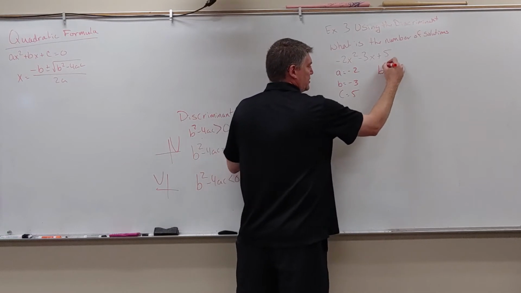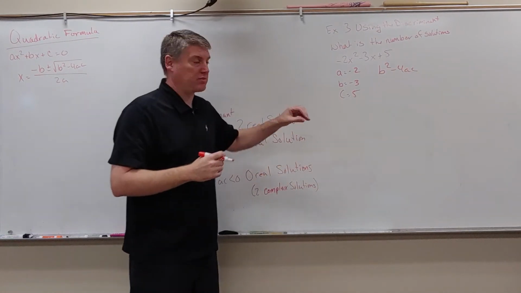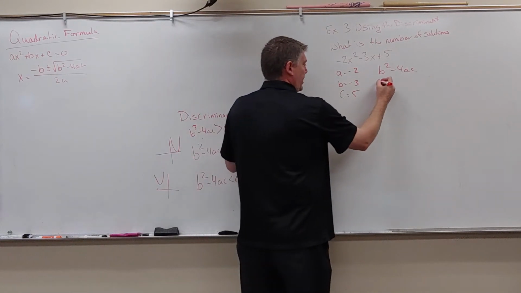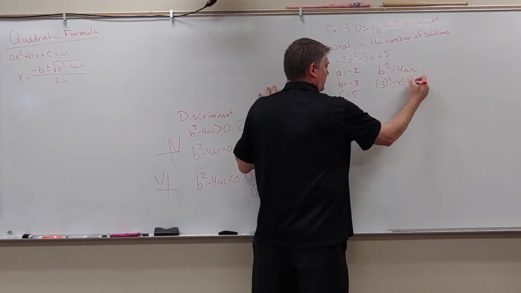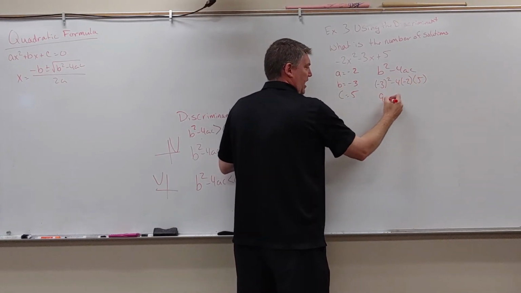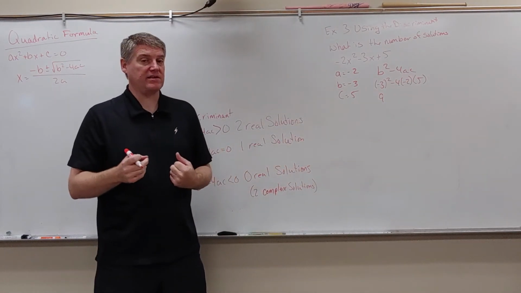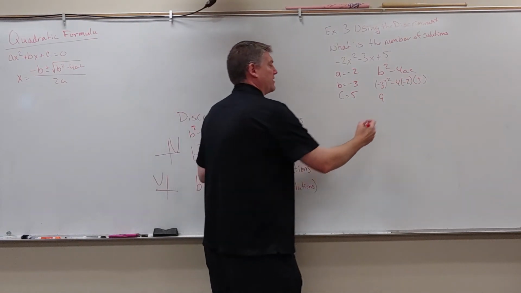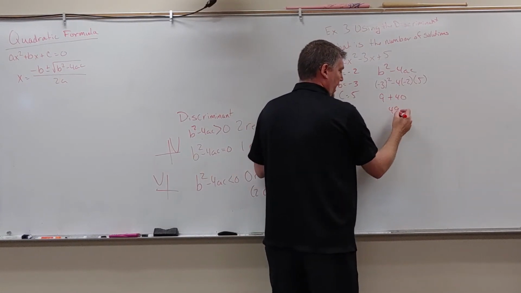Now I'm going to go b squared minus 4ac, okay? So I'm going to plug in my b. Here I get -3 squared minus 4 times -2 times 5. And what I'm really looking at here, this is 9. I have negative 4 times negative 2 is positive 8. Positive 8 times 5 is positive 40. So this is 49. Okay?